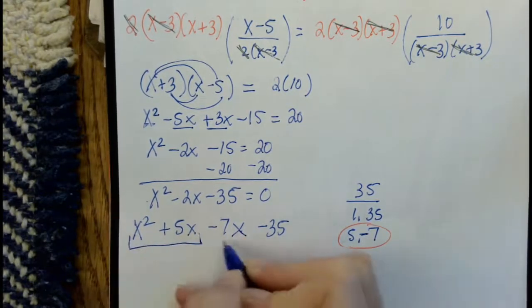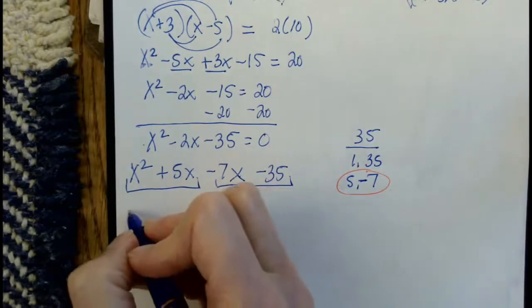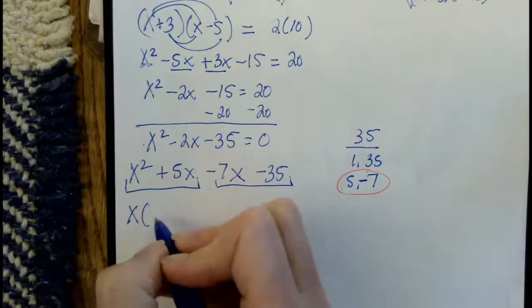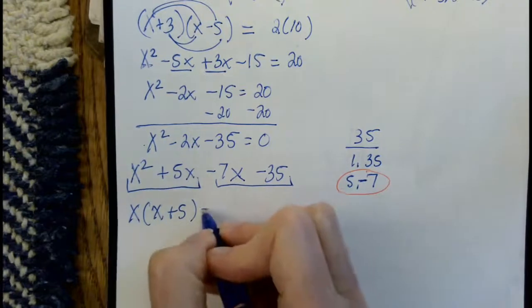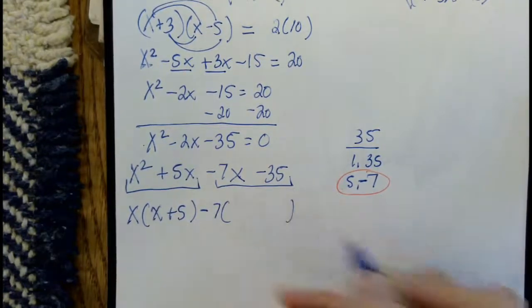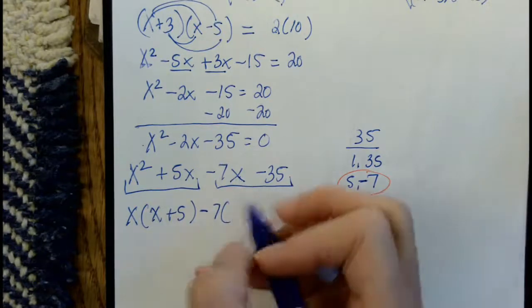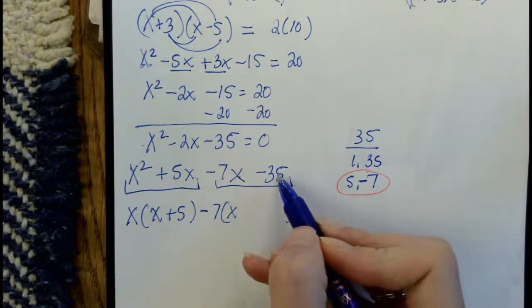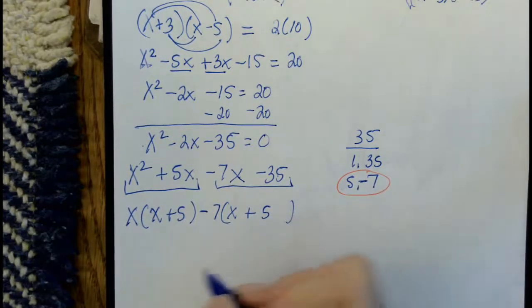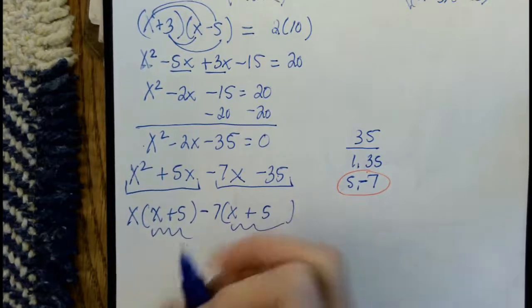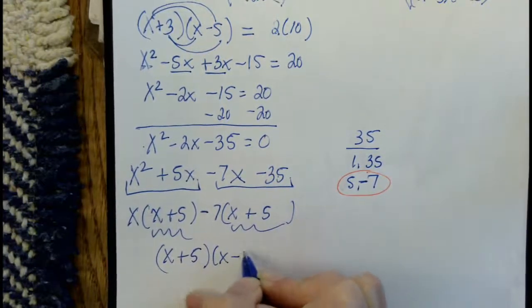Here's a group. Here's a group. The greatest common factor in the first group is x, and we get x times x plus 5. In the second group, 7 is our biggest number that divides into both 7 and 35, so we factor out negative 7. Negative 7x divided by negative 7 is x. Negative 35 divided by negative 7 is positive 5. So what we've got is an x plus 5 times an x minus 7.